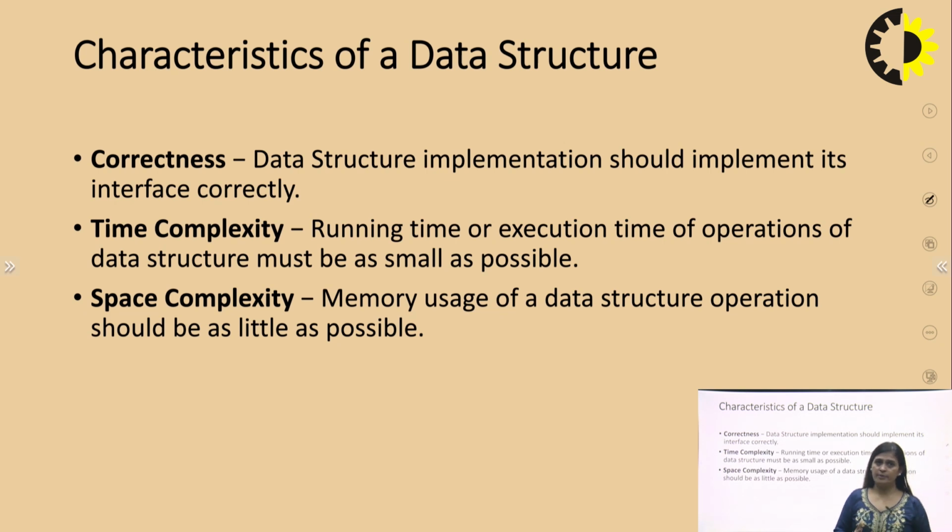Correctness means the implementation should implement its interface correctly. Second, time complexity. The running time or execution time of operations of the data structure must be as small as possible. For complexity, we find the number of executions performed per second.